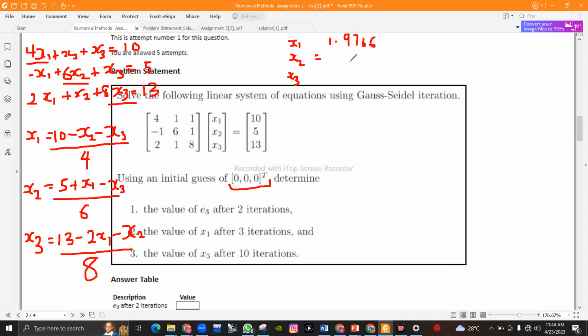Then x2 is 1.0221. Oh, this is what we got, and x3 is 1.0031. This is what we got in the last iteration. So let's now do our third iteration.